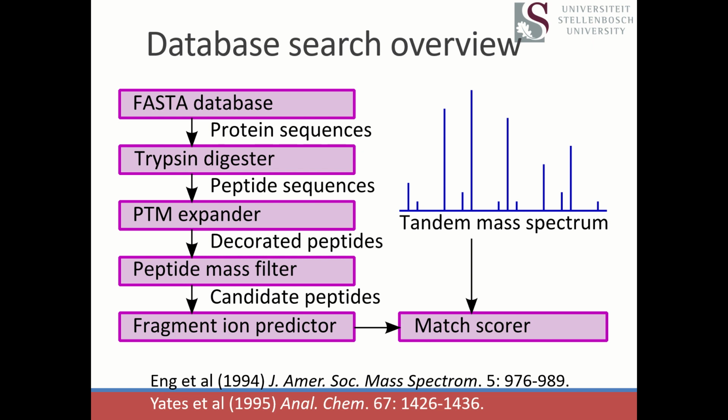So for a given peptide sequence, we can predict a set of B ions and Y ions, and then we need to have some way in the end to score what we observed in the tandem mass spectrum versus what we predicted from the peptide sequence. Any questions so far? Now we're going to come back to several of these steps because I think it's really important everyone gets them.